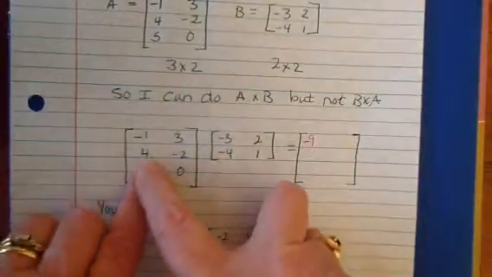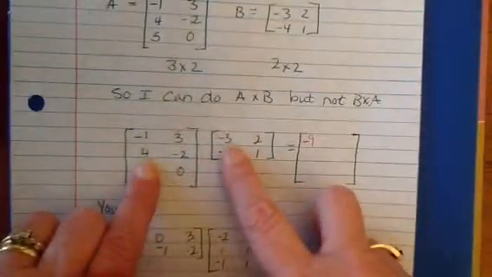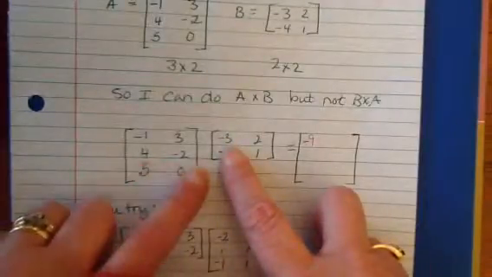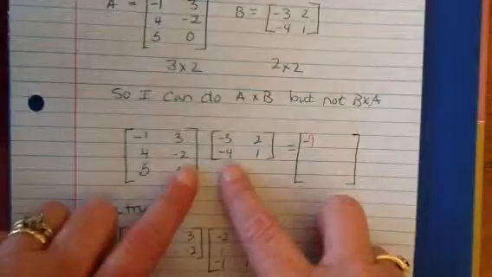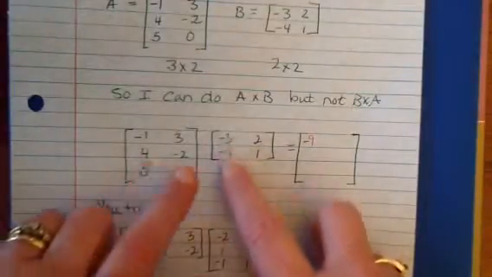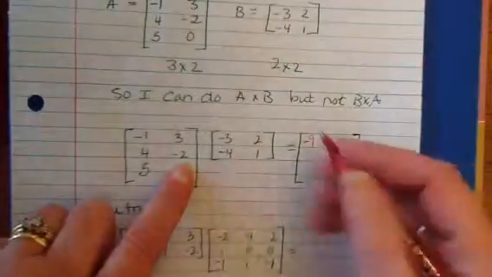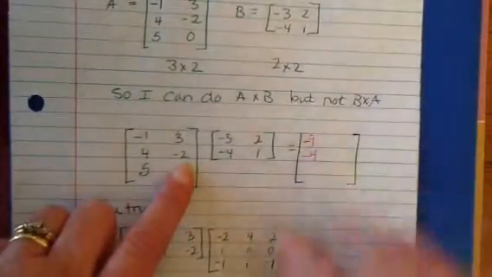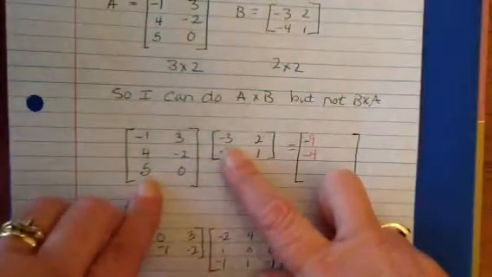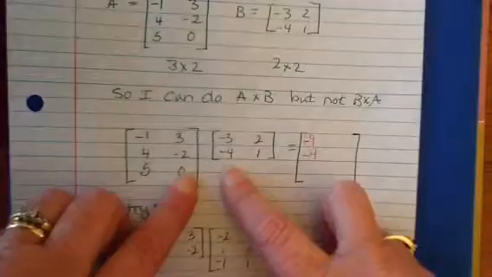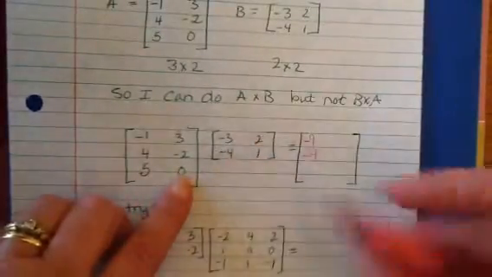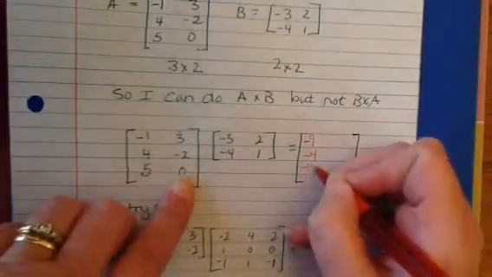If I go to the second row and I use these values, I do 4 times -3 is -12. -2 times -4 is +8. -12 plus +8 is -4. Let's do another one. 5 times -3 is -15. 0 times -4 is 0. -15 plus 0 is -15.